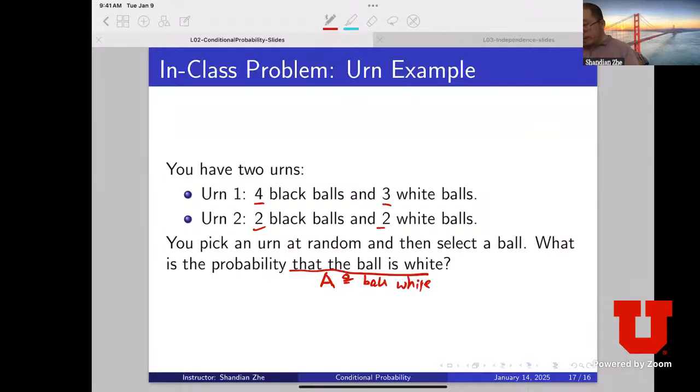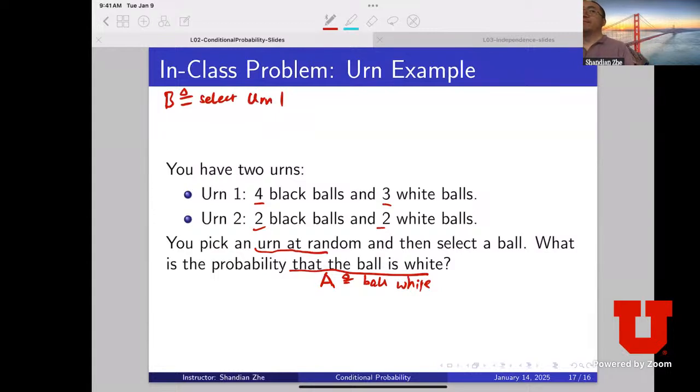So for the first one, we want to look at the event that you select a ball, and eventually you select a white ball. This event has some relationship with the event about which urn you select. So let us define B as the event you select urn 1.